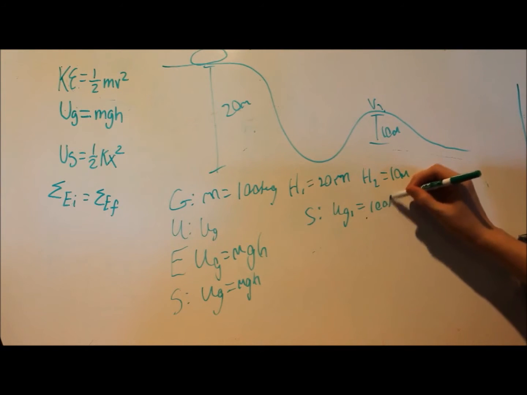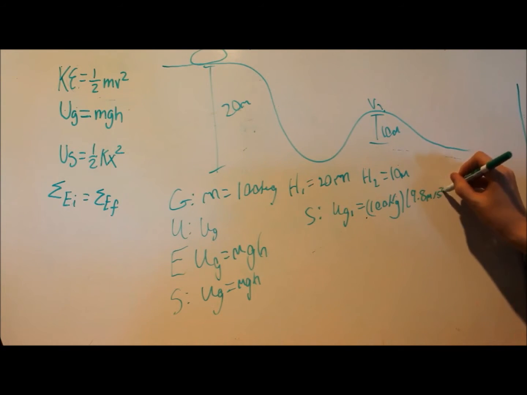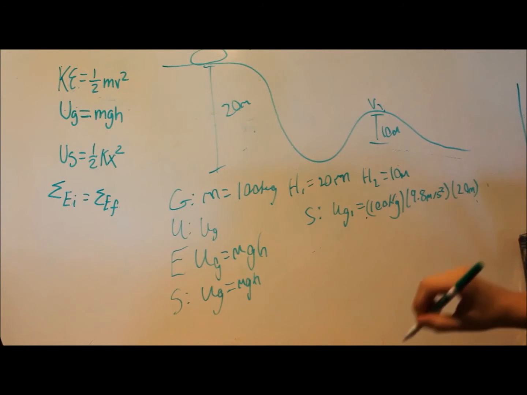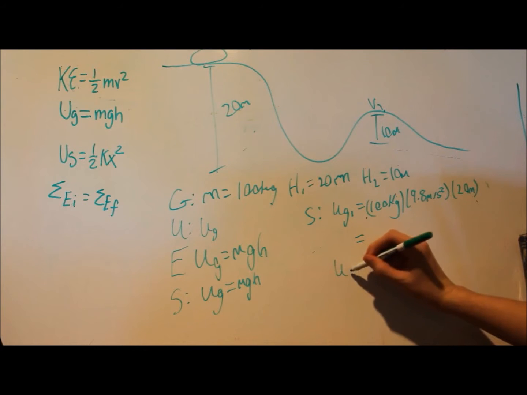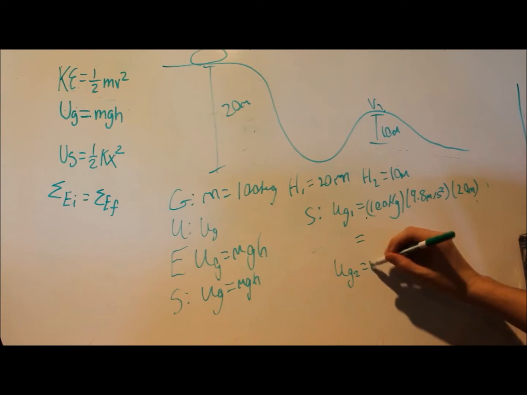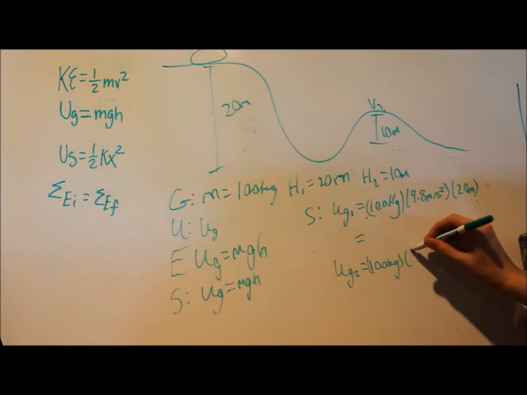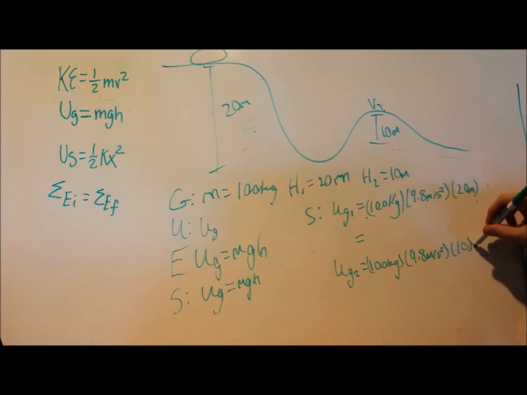The mass is 100 kilograms. Gravity is 9.8 meters per second squared. And the height is 20 meters. And for the second one, same mass, same acceleration due to gravity, and a height of 10 meters.